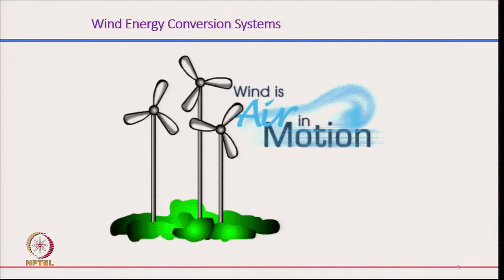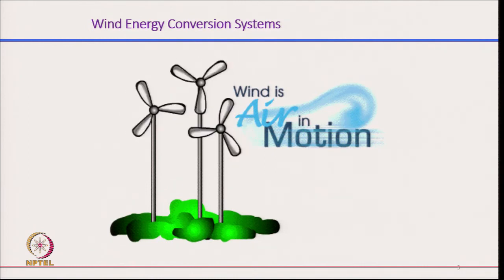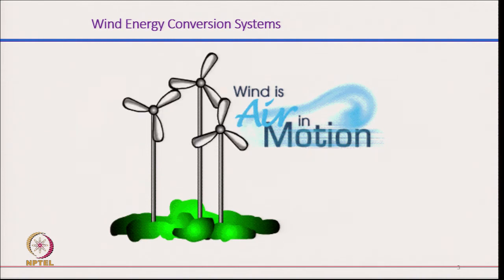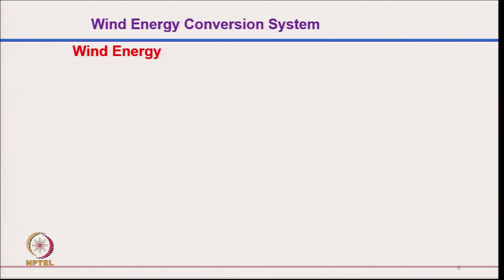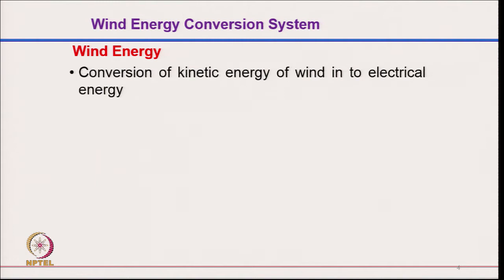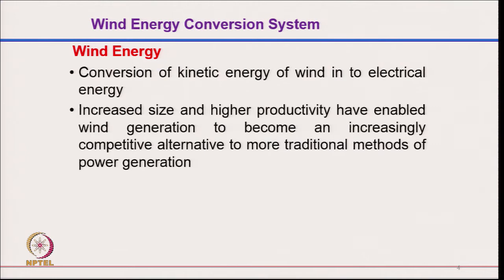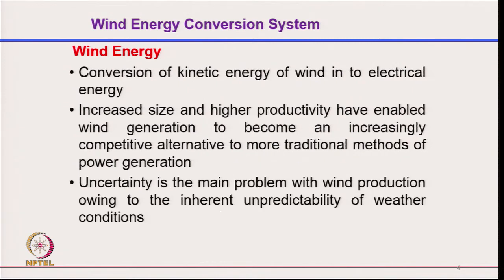And of course, wind is now the second largest renewable energy source for generating electricity throughout the world, and in India also it is coming up in a big way. This wind energy conversion system converts the kinetic energy of wind into electrical energy, and it has increased size and higher productivity, and enables wind energy to become an increasingly competitive alternative to more traditional methods of power generation.